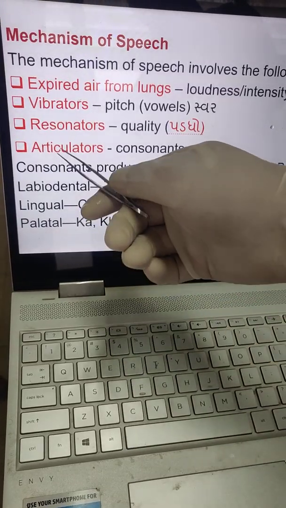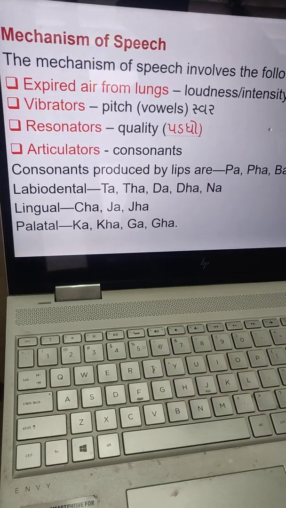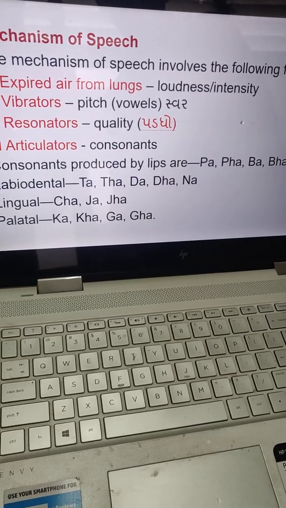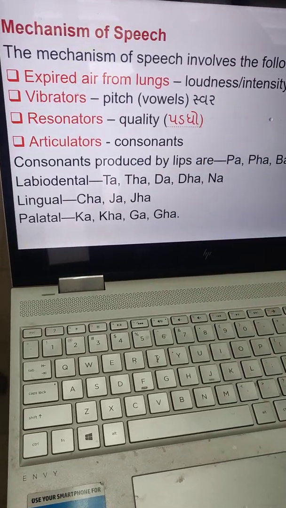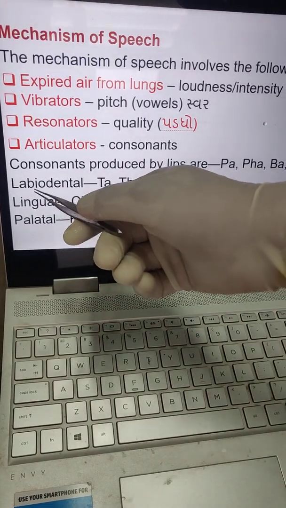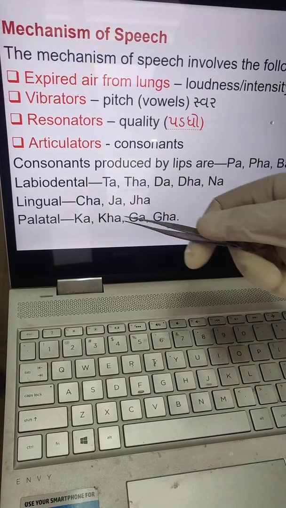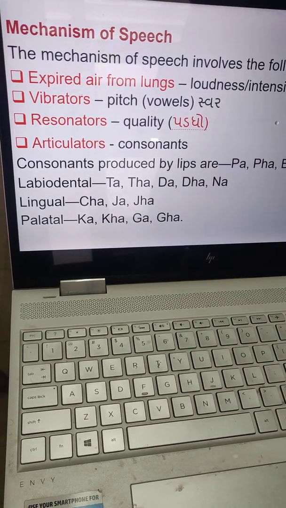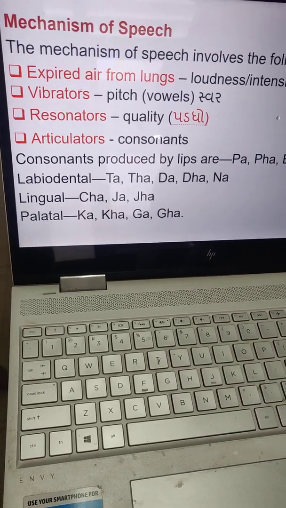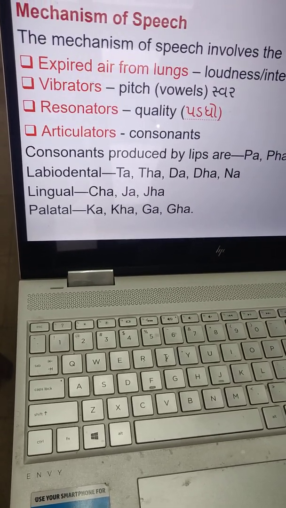Then the articulators make the consonants. The consonants produced by the lips are pa, pha, ba, bha; the labiodental, with lips and teeth, and the dentals make ta, tha, da, dha, na; the lingual forms cha, ja; and the palatal makes ka, kha, ga, gha. So this is about the production of the voice.